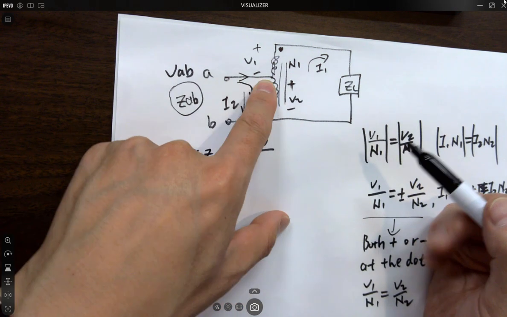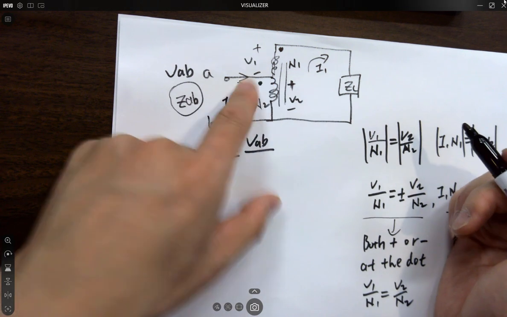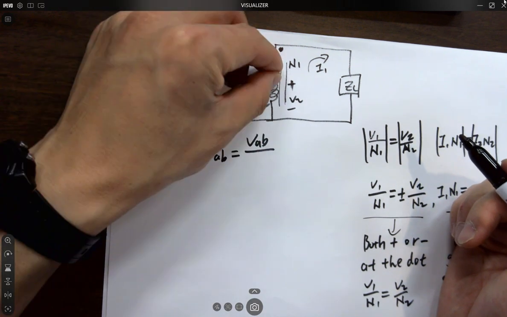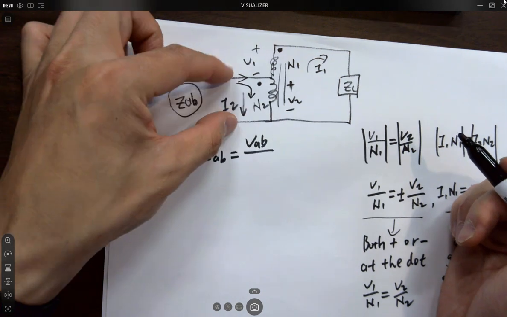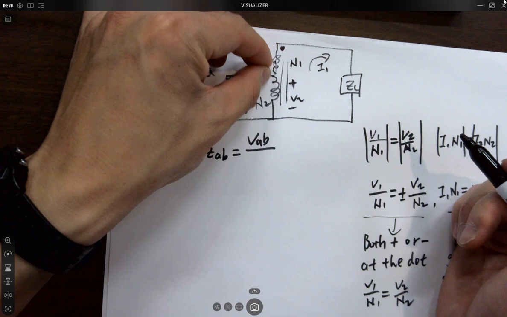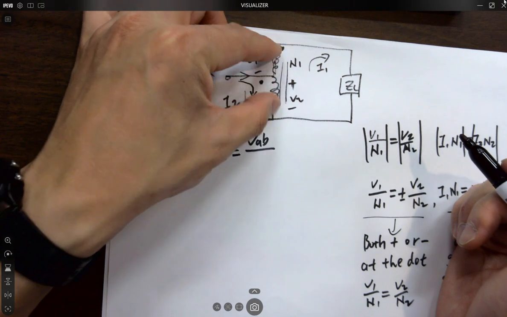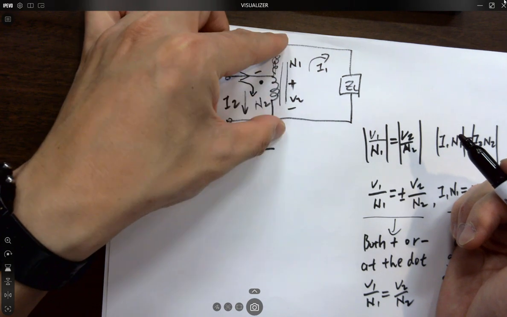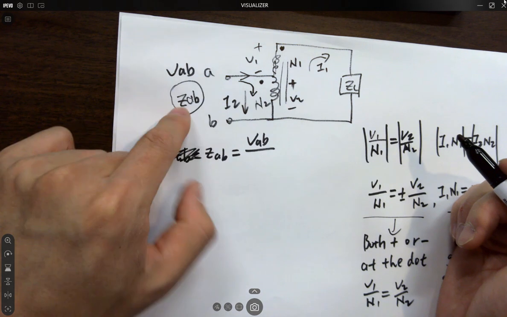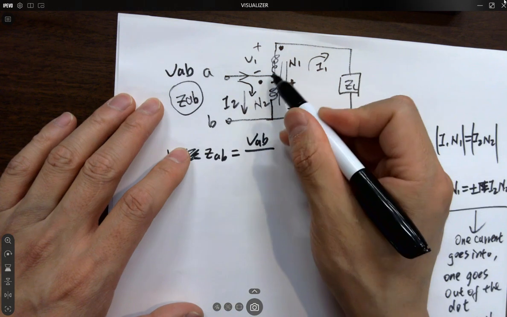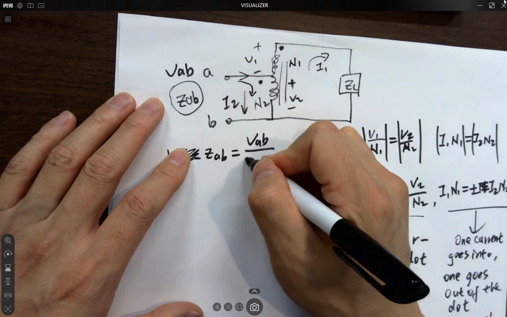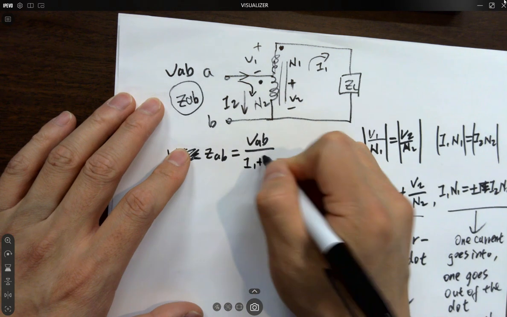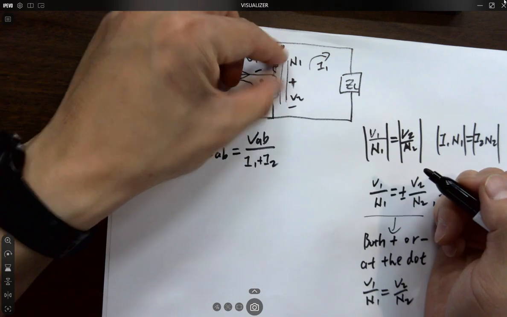This is just one current, which is the IAB. So that current equals what? You've got two branches, right? VAB is the overall voltage divided by the overall current, which is the two branch currents. According to KCL, it's I1 plus I2 for these two branches.